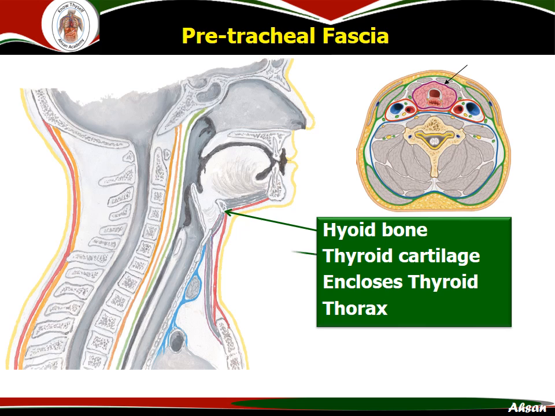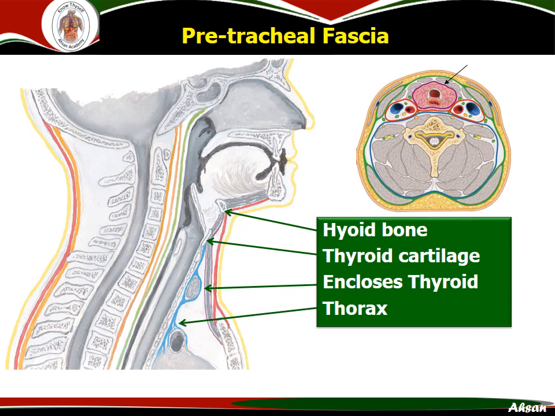Then it goes down to the thyroid cartilage and further down to split and enclose the thyroid gland, and then it fuses with the fascia of the soft tissue of the thorax.